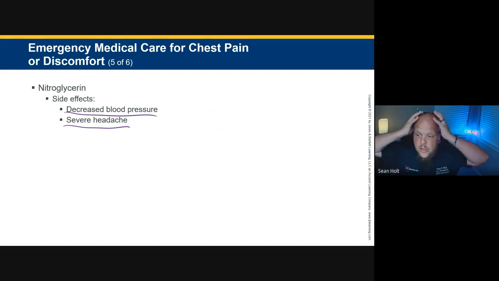The skull is an enclosed, closed object, right? It's only got one way for pressure to leave and pressure to come up, the foramen magnum, right? If we dilate vessels in the brain with nitroglycerin, we're going to get more blood flow to that area, increasing pressure inside of the brain, so it can give you a little bit of a headache, all right?